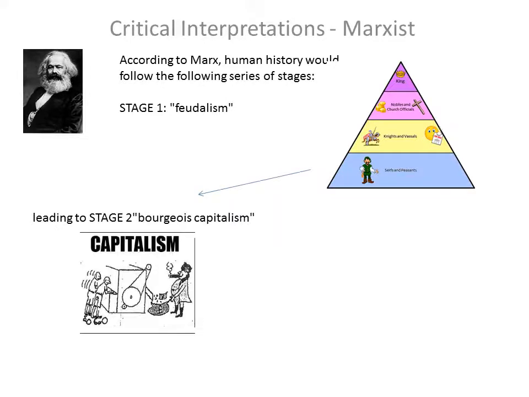He saw stage two as bourgeois capitalism. Here we have the bourgeoisie, the moneyed classes, the factory owners, who owned private businesses that competed against each other. Those private businesses and factories tried to make profits, and that was usually at the expense of the workers.